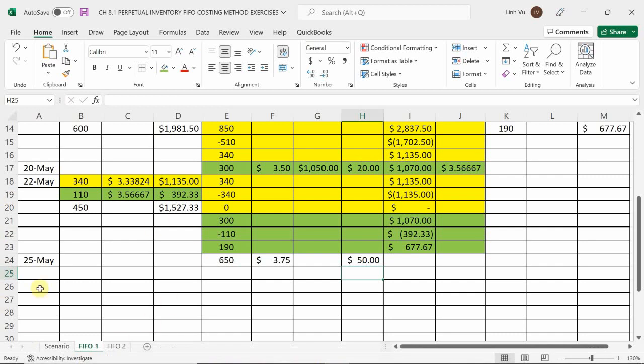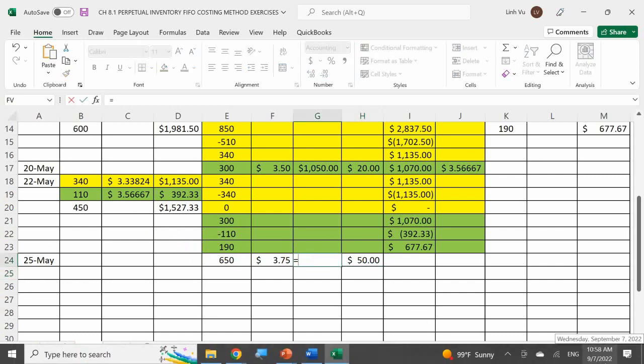So in this case, I'm buying more inventory. So what is my purchase price here? $2,437.50. Okay, plus $50 of freight gives me a grand total of $2,487.50. And then I'll go ahead and calculate the cost per item for you.